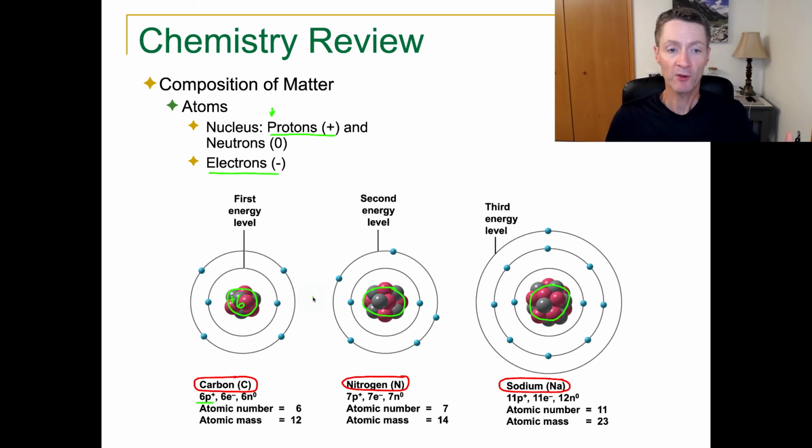Well, that must mean that for carbon to have a neutral charge, to not have any charge associated with it, we would have to have 6 electrons. So 1, 2, 3, 4, 5, 6, rotating around the 6 protons, and altogether that would give you a neutral charge of 0, right?